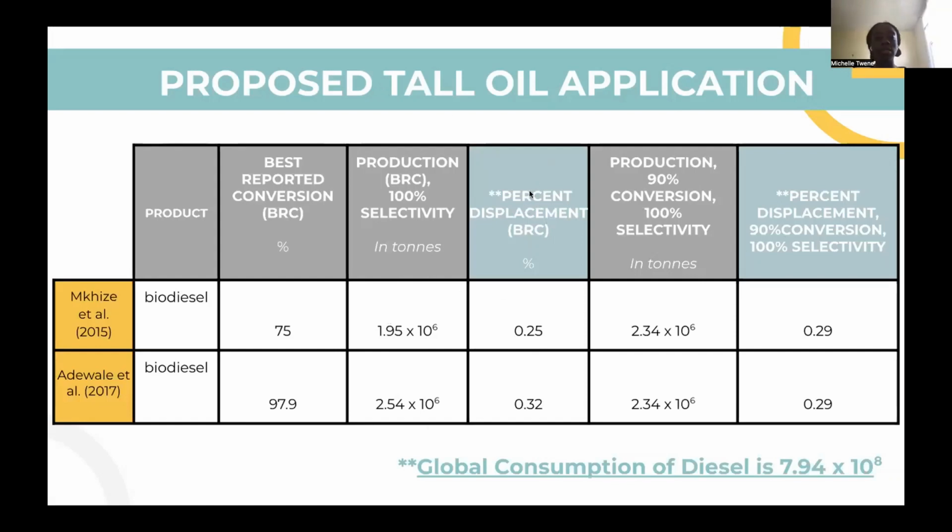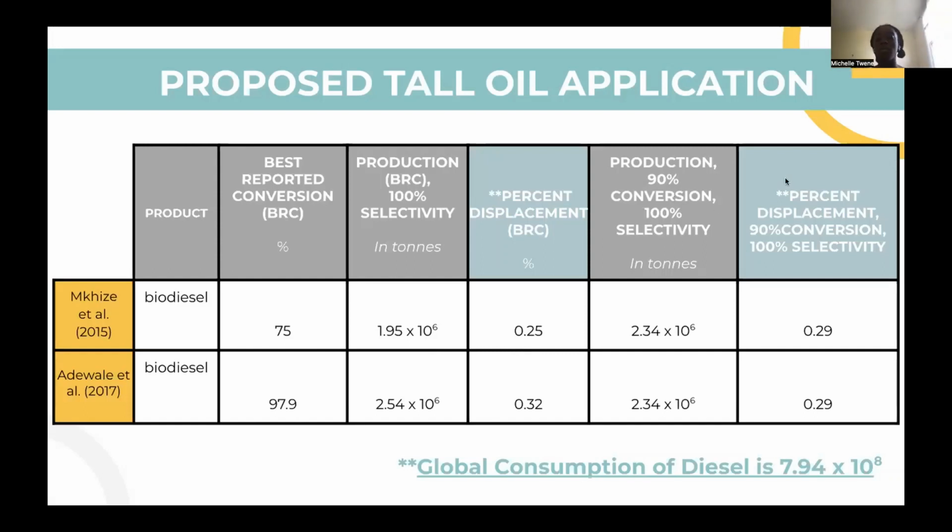To find this percent displacement, I used the global consumption of diesel and divided it by the production value shown in the previous column. This shows the percentage we would get if we were to try to replace petroleum diesel with biodiesel.